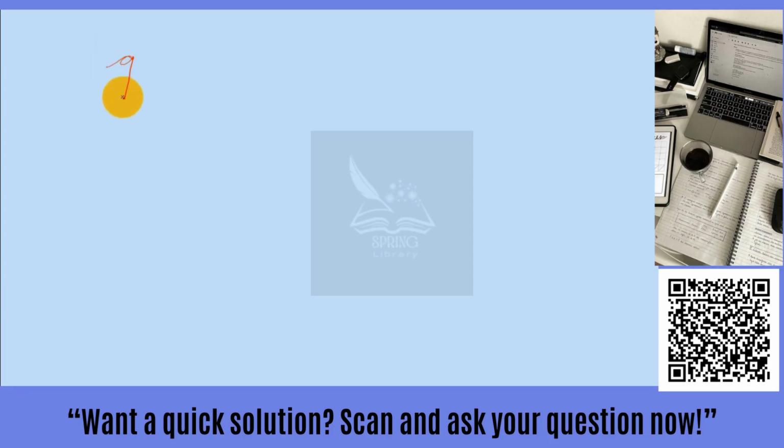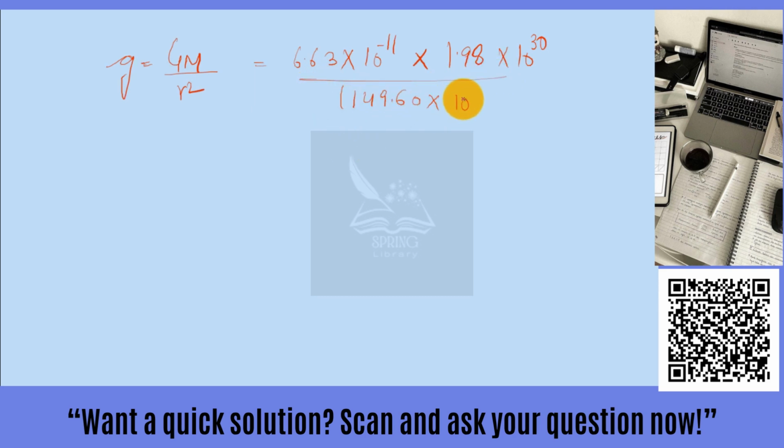Small g is equal to capital G M upon r square, which is equal to 6.63 into 10 raised to the power minus 11 multiplied by 1.98 into 10 raised to the power 30 divided by 149.60 multiplied by 10 raised to the power 9, whole squared.